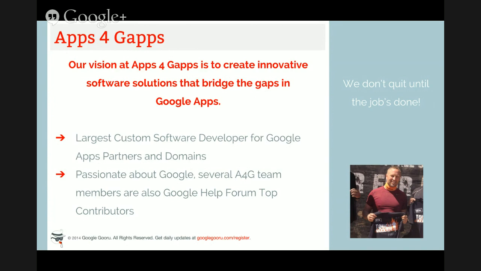We're very passionate about what we do. A lot of us are top contributors on the help forums. If you go to find help on a certain API or something with Google, you're likely getting answers from one of the top contributors. There's a bunch of us, but specifically we help out on the APIs and Apps Script and areas like that.